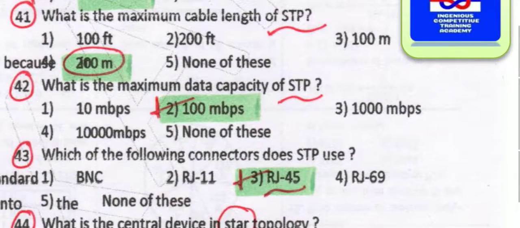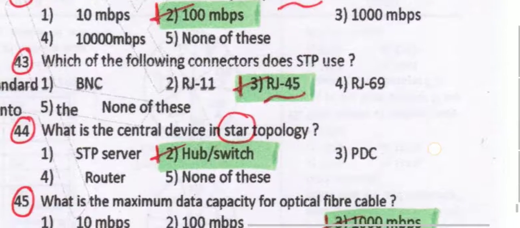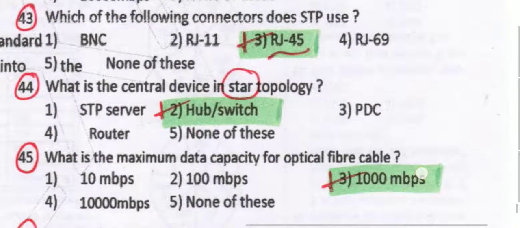The maximum data capacity of STP is 100 megabits per second. MB means megabytes, so in the same manner, 100 is the maximum data capacity. The connector STP uses is RJ45.